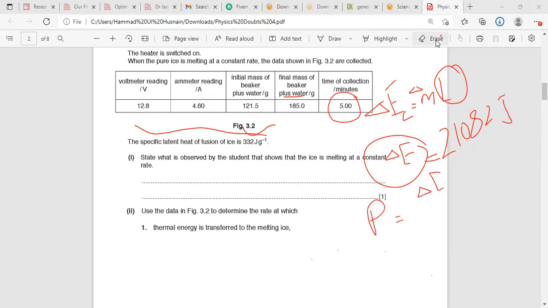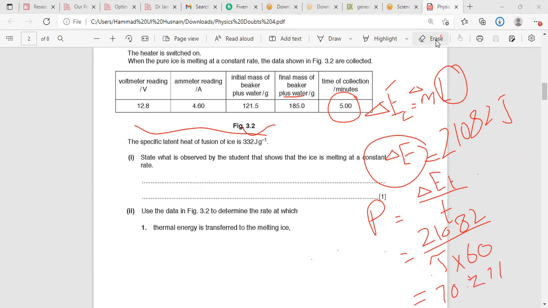So we have to divide it by time. As it is in minutes, we need to divide 21082 by 5 times 60. What will be the answer? 70.27 watts. Exactly.